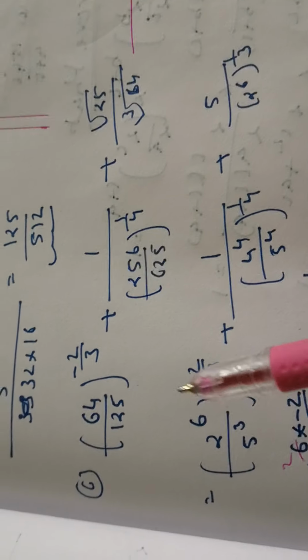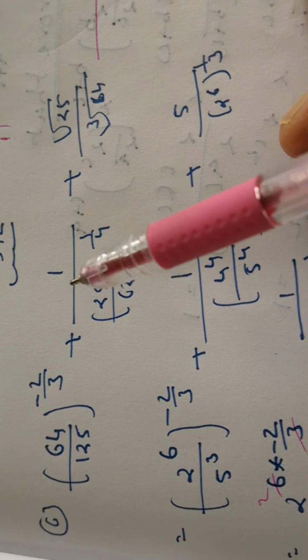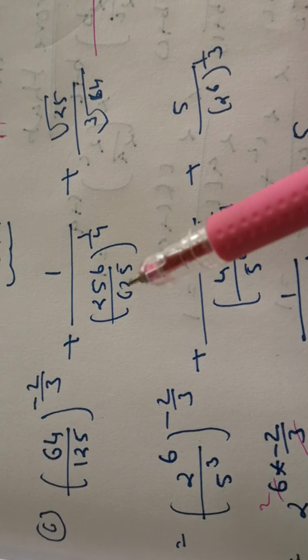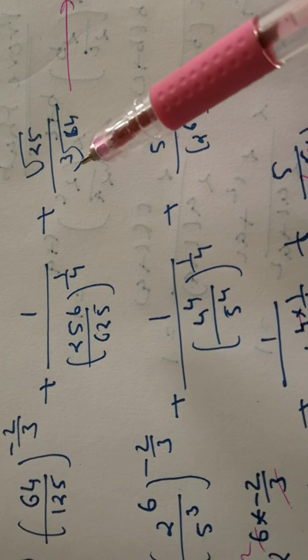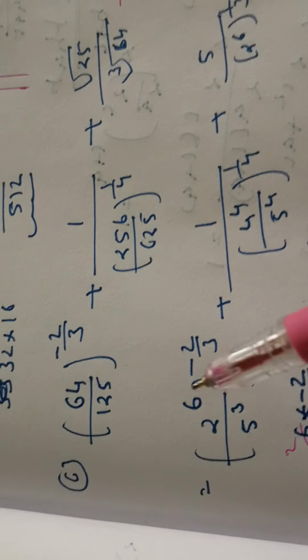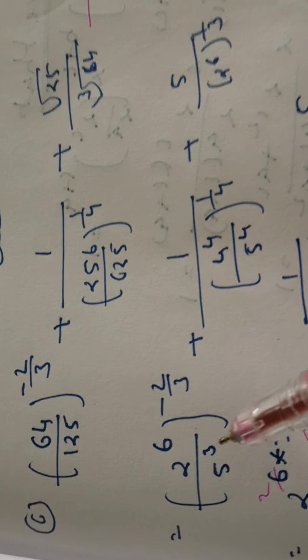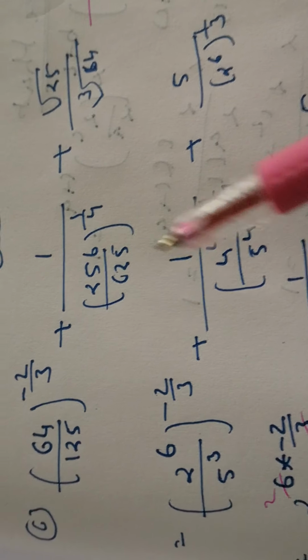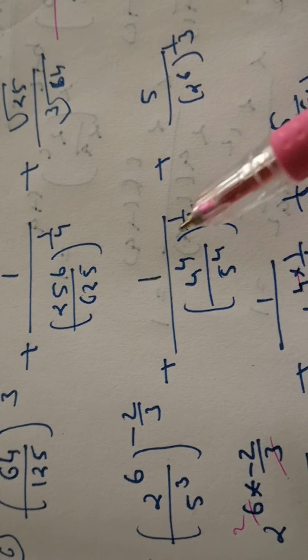Question number 6. (64/125) raised to minus 2/3, plus 1 upon (256/625) raised to 1/4, plus root 25 and cube root of 64. 64 is 2 raised to 6 and 125 is 5 cube. 256 is 4 raised to 4 and 625 is 5 raised to 4, whole raised to 1/4.